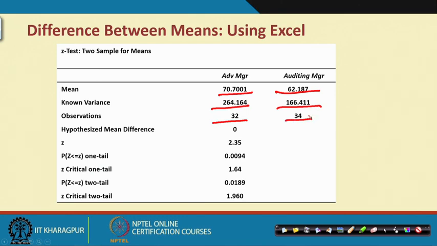And for the mean difference, we are assuming that mu 1 equal to mu 2, that is population 1 and population 2. As a result the difference will be equal to 0, and z we have already calculated, that is 2.35. Now, corresponding to z 2.35, you are getting a probability level of 0.009. Now if you put alpha equal to 5%, then it is coming under the rejection zone.